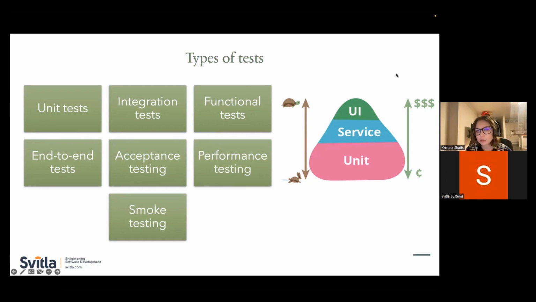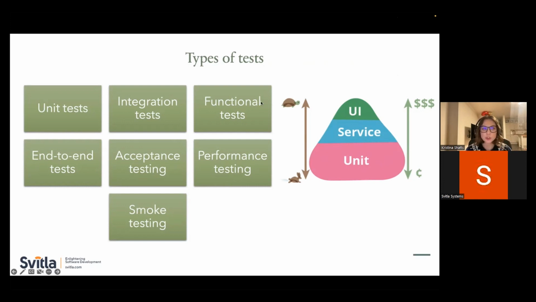And here, I don't know if you see, this is the test pyramid. As you can see, the unit tests are the cheapest and the fastest, and UI tests are very expensive and slow. So in our application, you should always have unit tests.